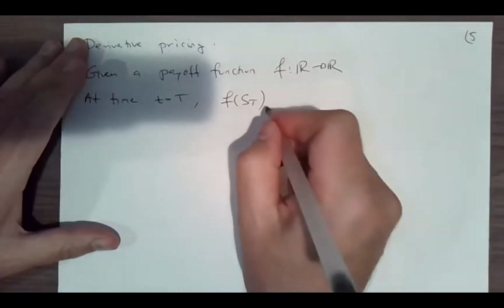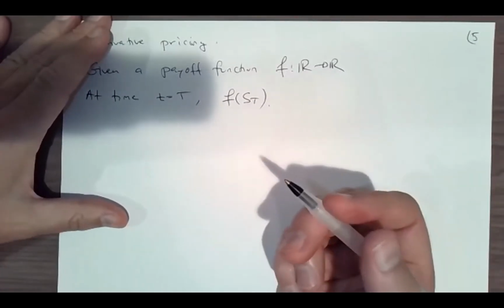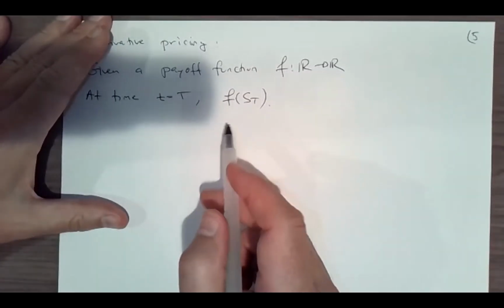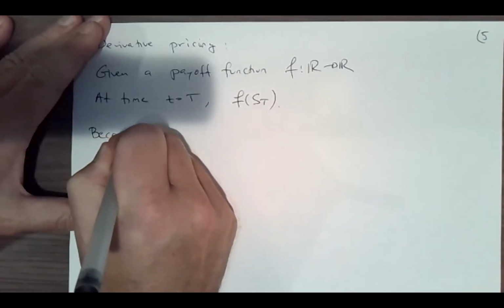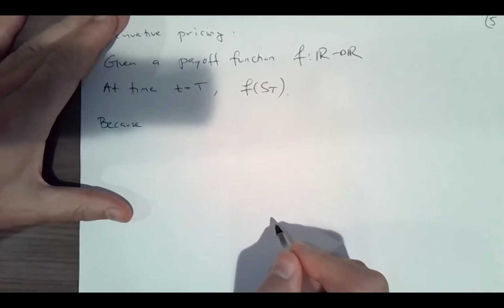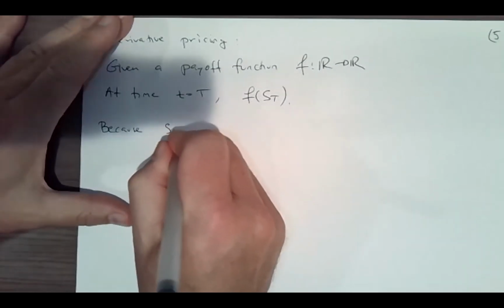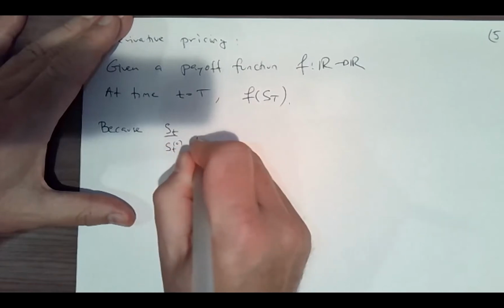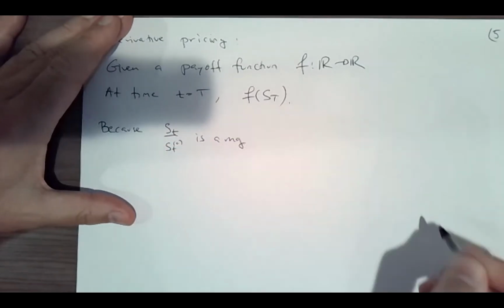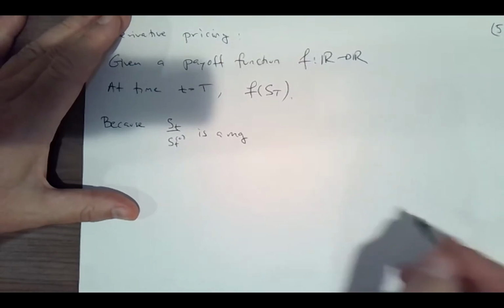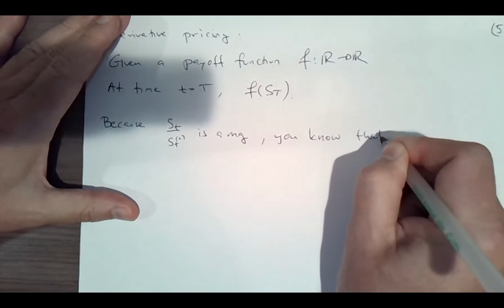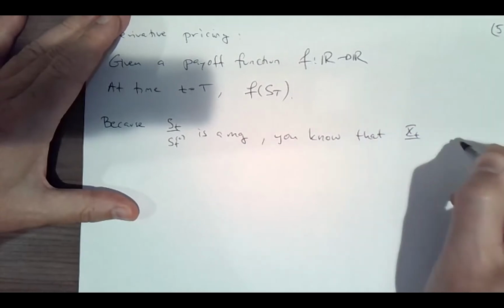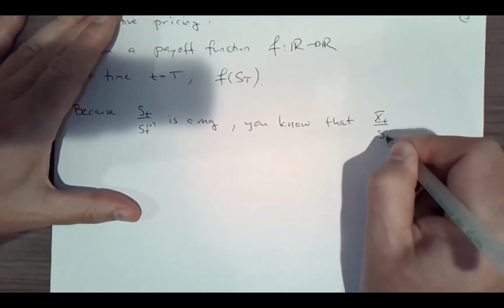And you want to replicate, so we want to form the conditional expectation. So you know that because S_t divided by S_t^0 is a martingale, X_t, the wealth, divided by the money market account is also a martingale.